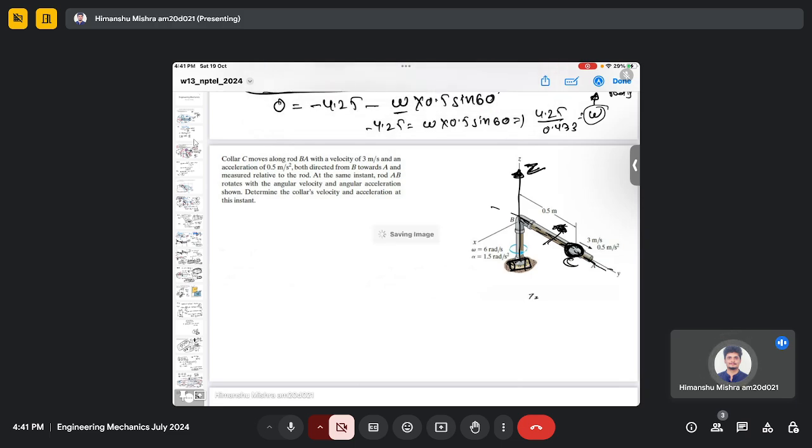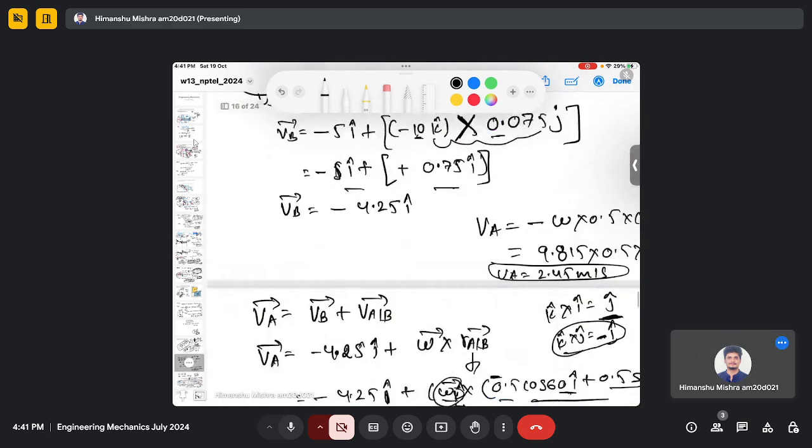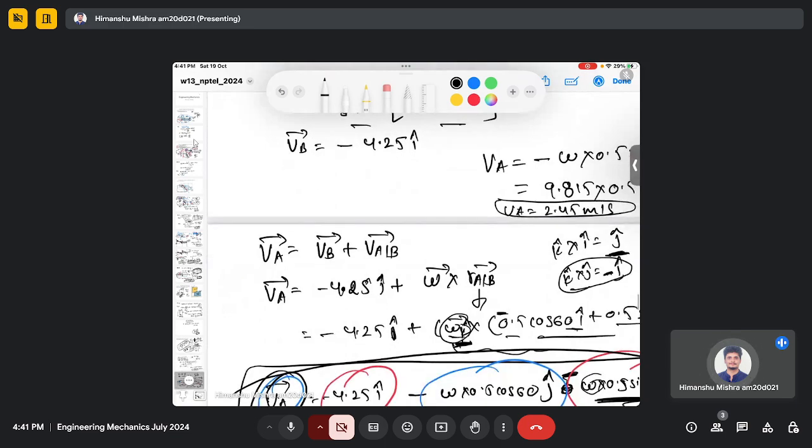So it's the same problem that we have discussed, but with a fixed and rotating coordinate system. So there will be a little change in the equation here. We will use the same equation, but we will also consider the effect of rotating coordinate system.